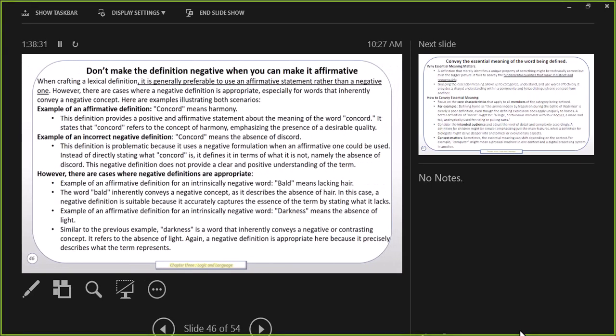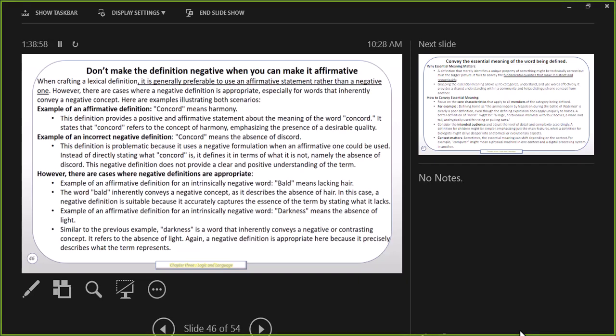Don't make the definition negative when it can be affirmative, but there is an exception. Affirmative definition is preferable over negative definitions, but when we cannot come up with an affirmative definition, a negative definition can also be acceptable. Negative definitions can be appropriate when a positive definition is impossible for a certain concept.